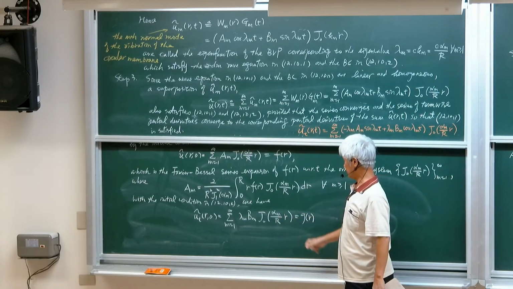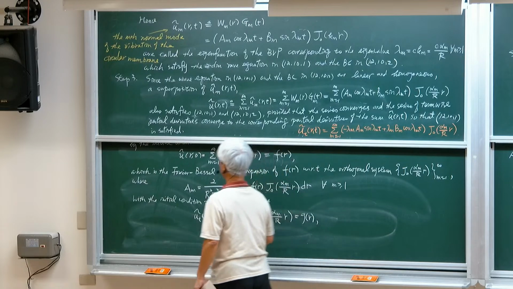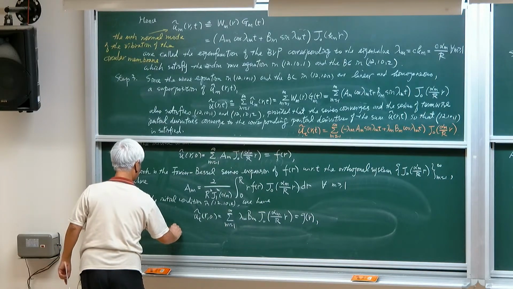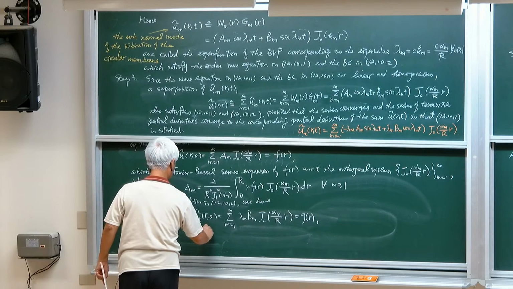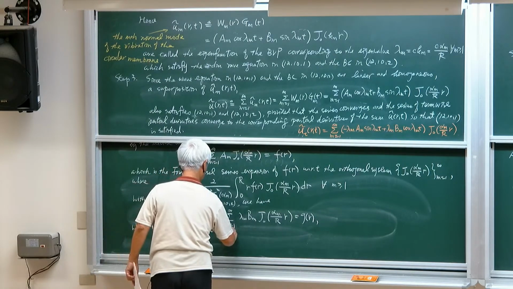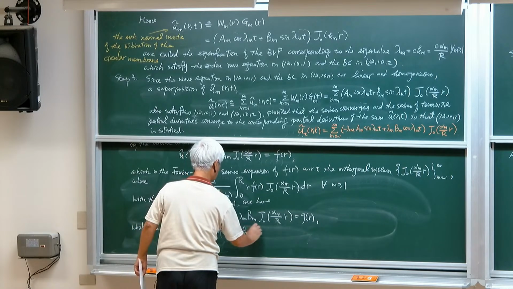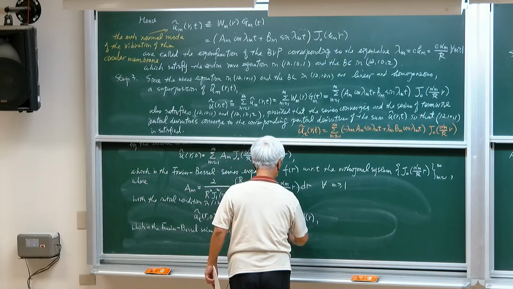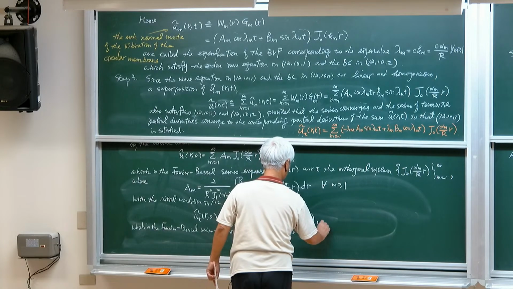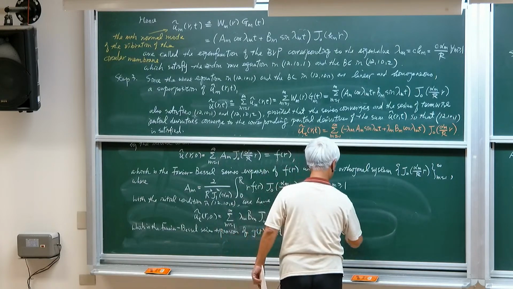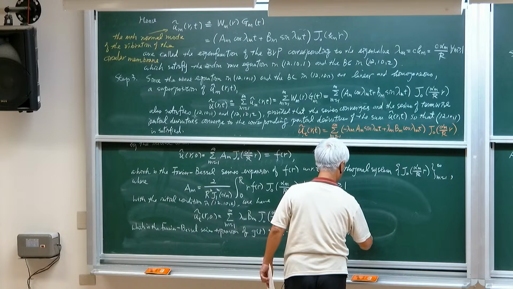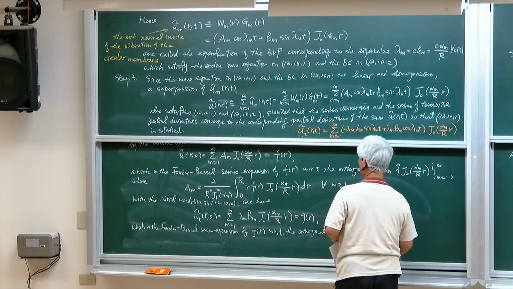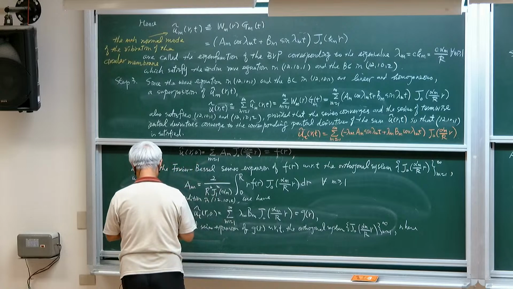Okay, so we have this one, and once again, which is the Fourier-Bessel series expansion of the initial velocity g(r), again with respect to the orthogonal system J0 of alpha m r over R, where we can find B m.